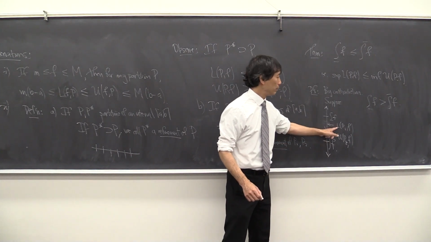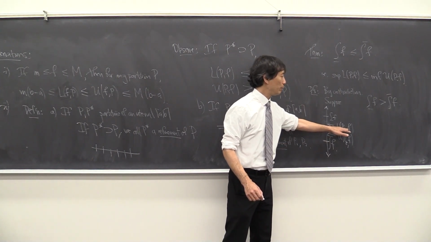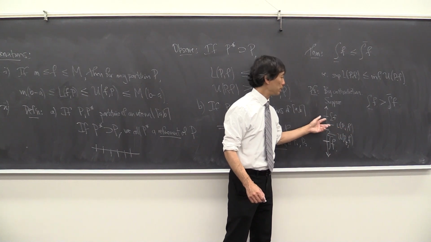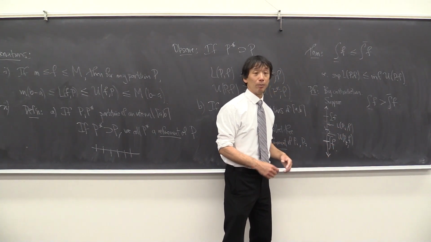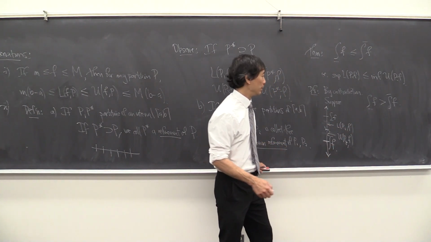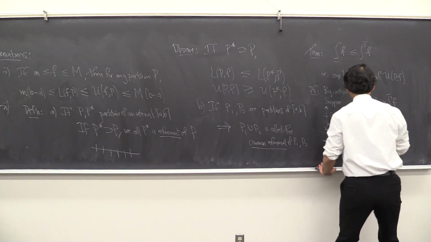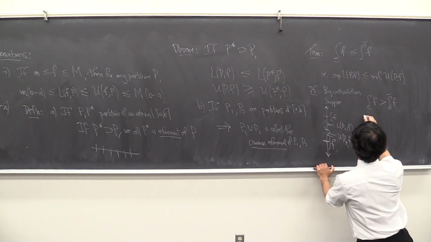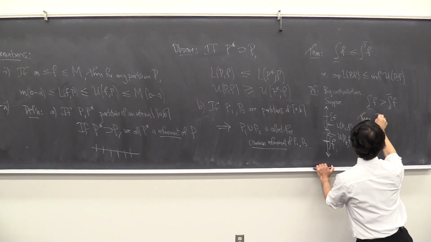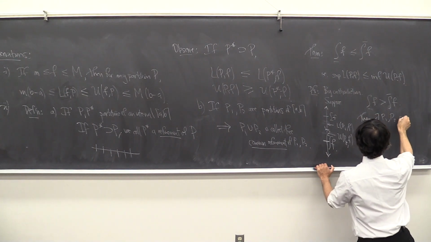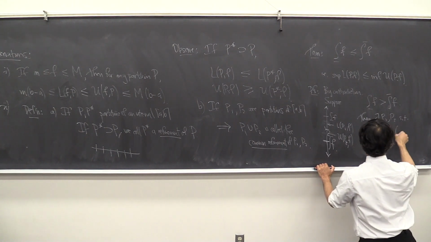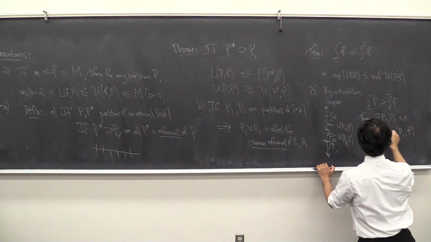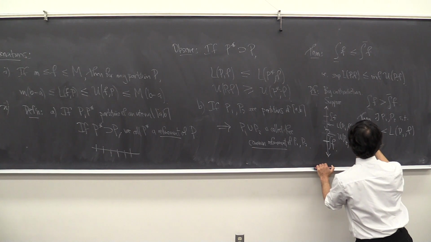So there's some lower sum based on one partition that's bigger than the upper sum based on the other partition. Then there exist P1 and P2 such that the lower sum is strictly bigger than the upper sum.